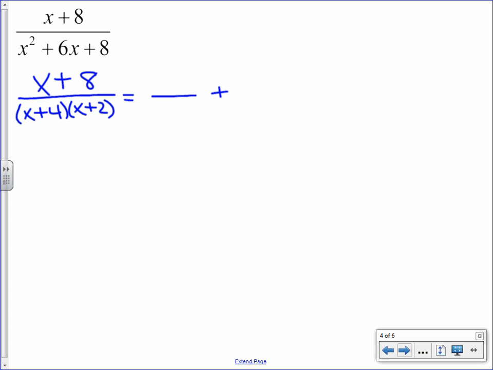Two fractions. The denominators are x plus 4 and x plus 2. What goes in this numerator? Constant. What goes in this numerator? Excellent. All right, help me out. What's our next step?